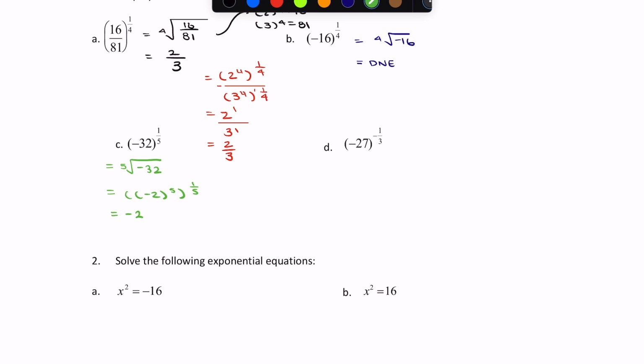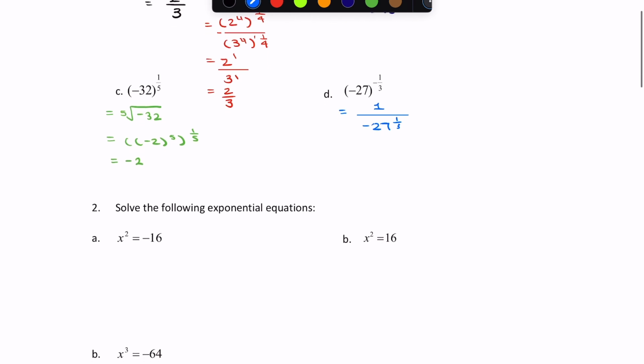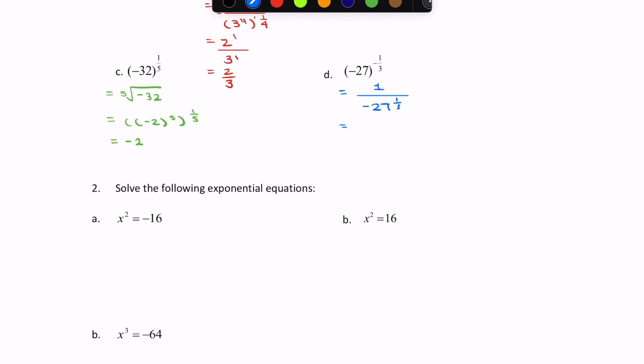And for D, we have negative 27 to the power of negative 1 over 3. We can rewrite the negative exponent as a positive exponent in the denominator, so we rewrite it as 1 over negative 27 to the power of 1 over 3, and rewrite that as 1 over the cube root of negative 27.